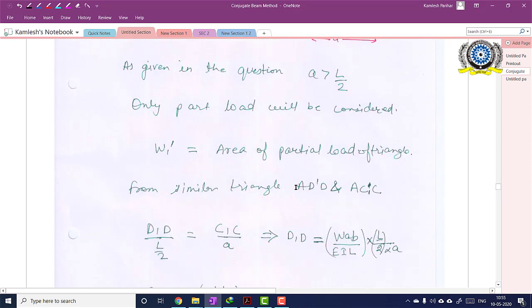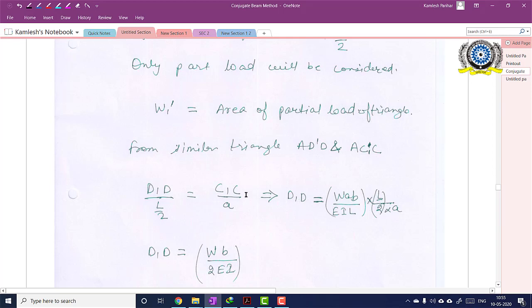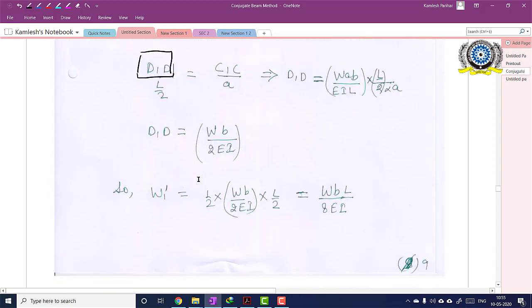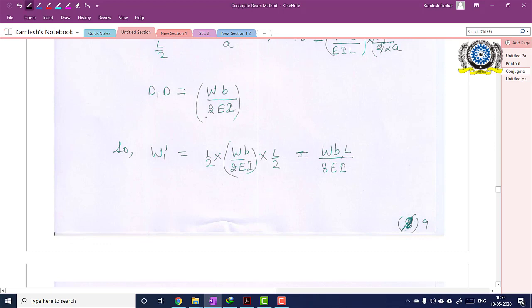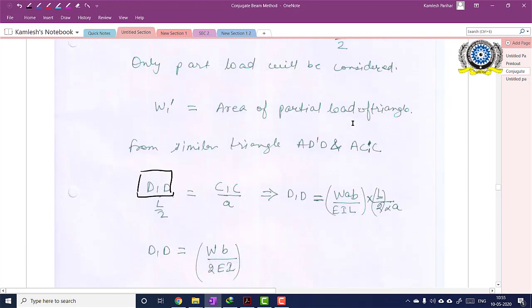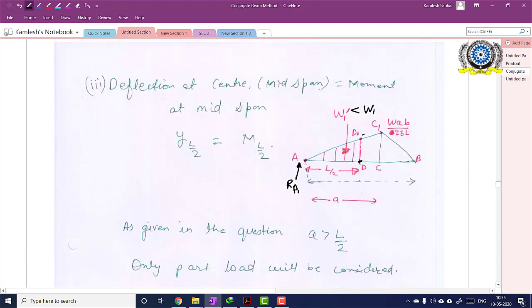W1 dash is the area of the triangle, using the property of similar triangles. First I have to find out D1D, and then by finding D1D, I have found W1 dash. So this is W1 dash, and it comes out to be WBL upon 8EI. This is the area of this triangle.